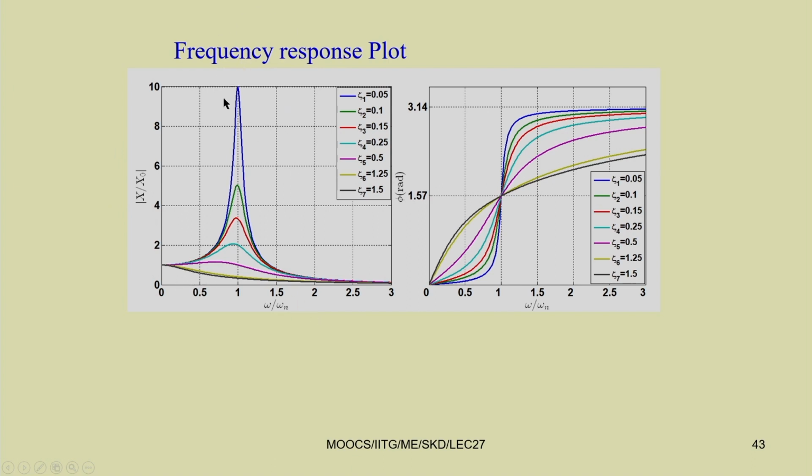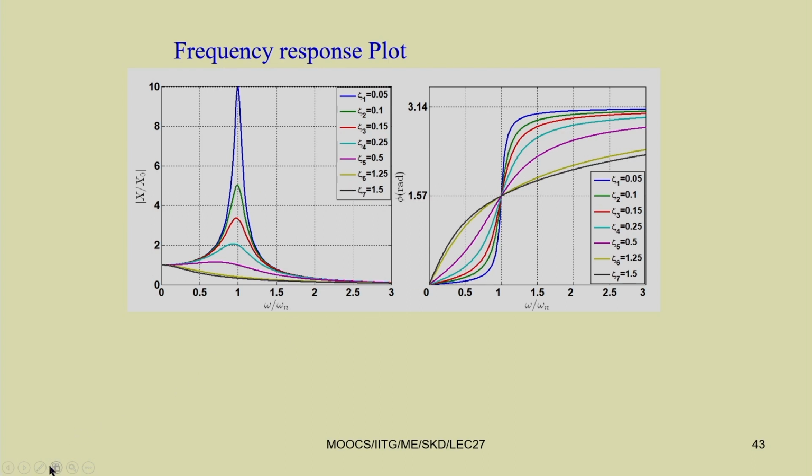At omega equal to omega n, a system without damping will go to infinity, and due to the presence of damping it will be limited, with different maximum values of the response. This thing you already know. The maximum is at omega by omega n equal to 1 by 2 zeta.